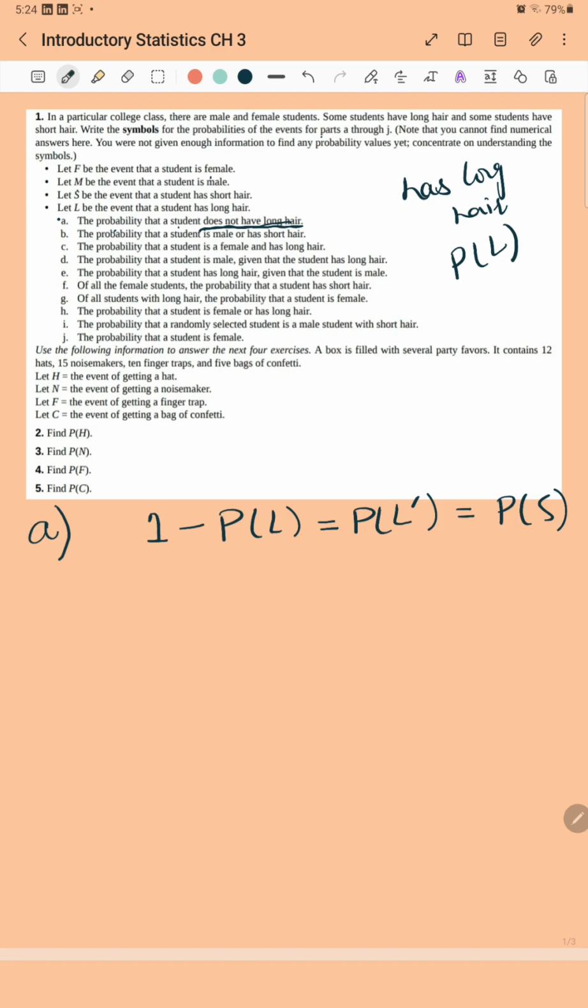We are not going to write any numerical answers. The probability that a student does not have long hairs means, if they had long hairs it would be probability of L, but they don't, so L complement means 1 minus probability of L.